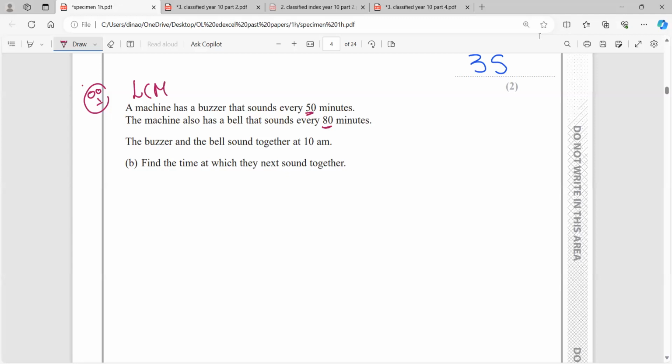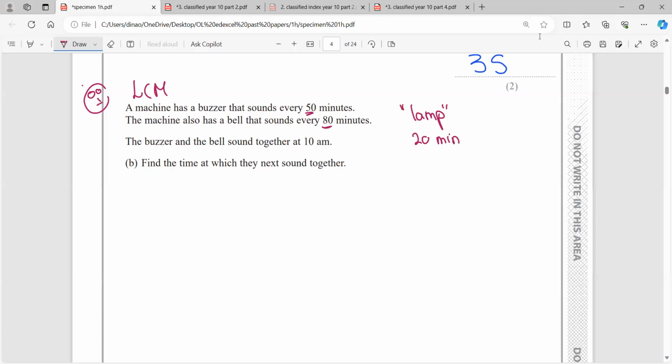The buzzer and the bell sound together at 10 a.m. Find the time at which they will next sound together. Let me give you a different scale. Say I have a lamp at home that lights up every 20 minutes, and I have a bell.